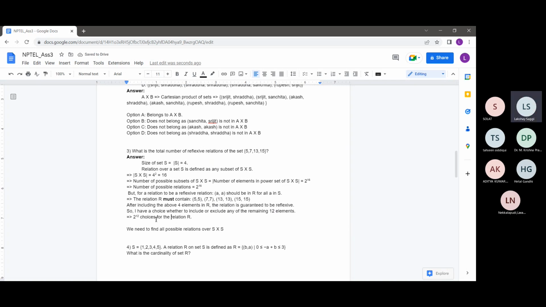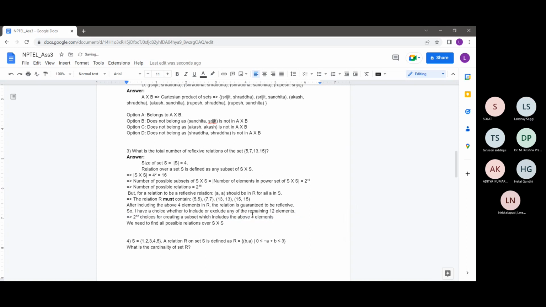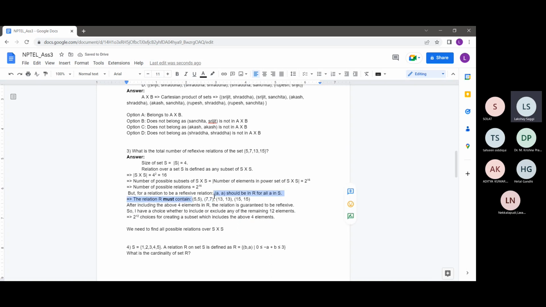Basically, there will be 2 to the power 12 choices for creating a subset which includes the above 4 elements. I'm referring to these four elements, (5, 5), (7, 7), and so on.